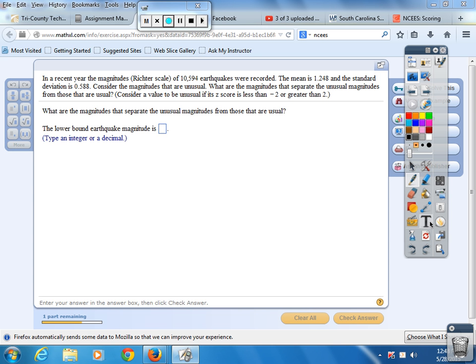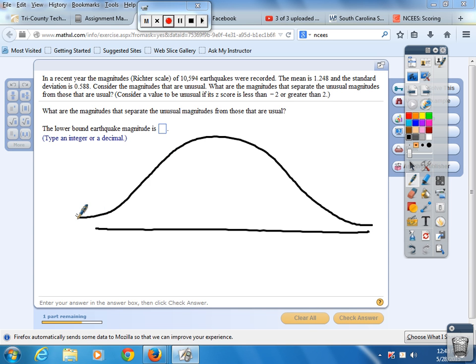Take your handy dandy stylus and draw a normal distribution. 2 standard deviations to the right, 2 to the left. The mean is what? 1.248. If you wanted to say 1.25, you could, but you better keep it because it's going to want it to a certain decimal, so you better do 1.248.